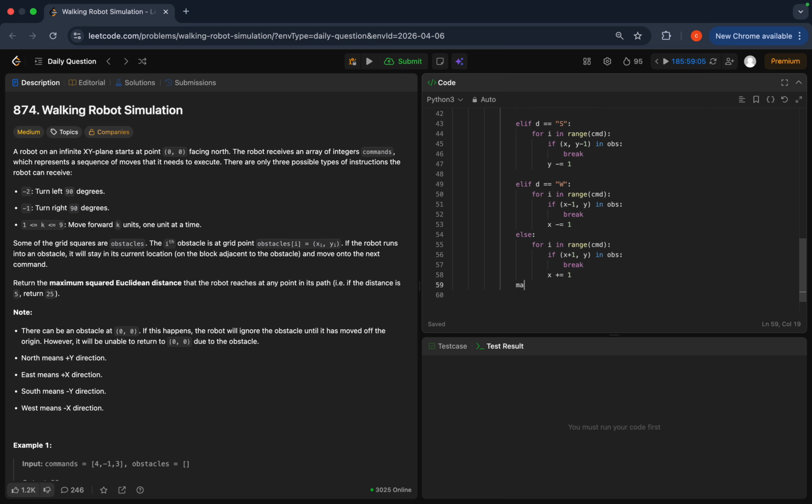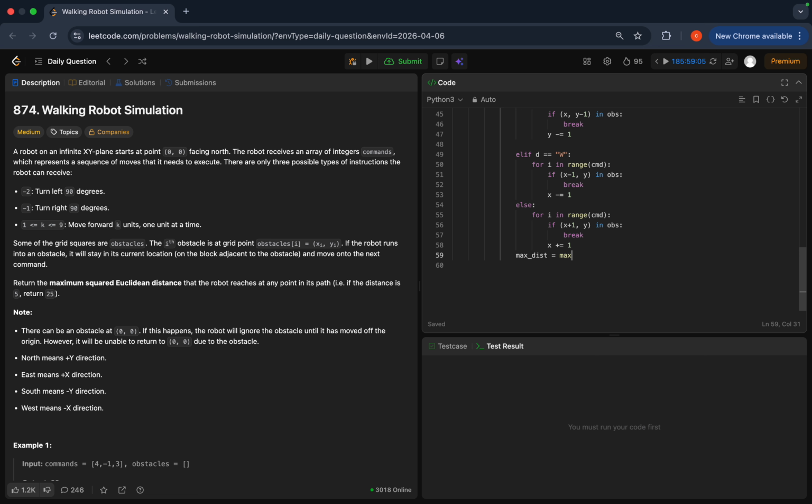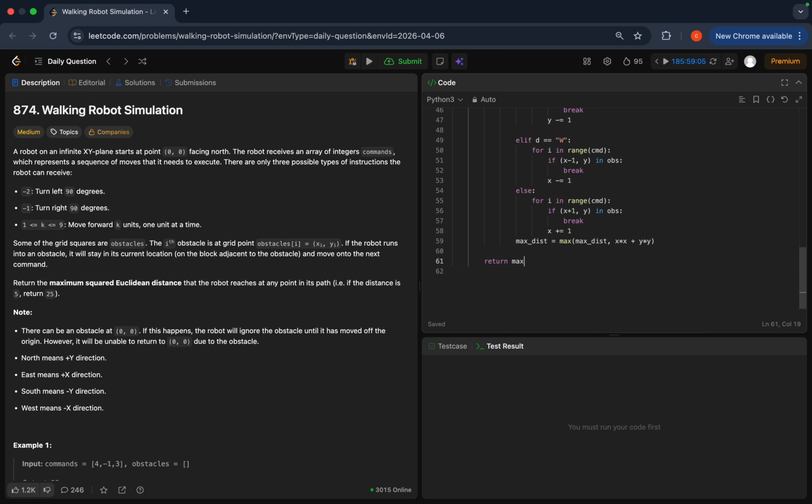So we have a variable named maximum distance is equal to max of maximum distance and x power 2 plus y power 2, because of square, so it's easy, right? So now this is done. So you will update the maximum value, and finally you can return the maximum value. So we came out of the loop, return max dist.